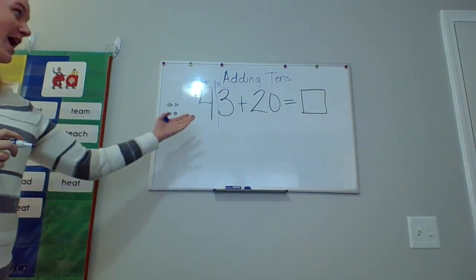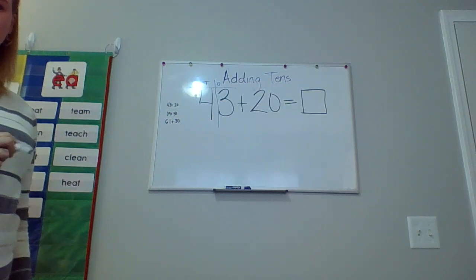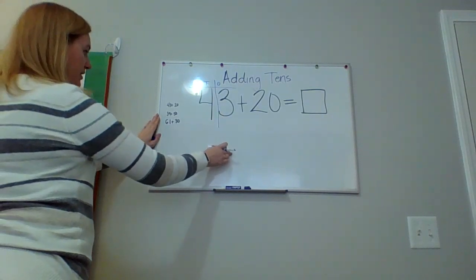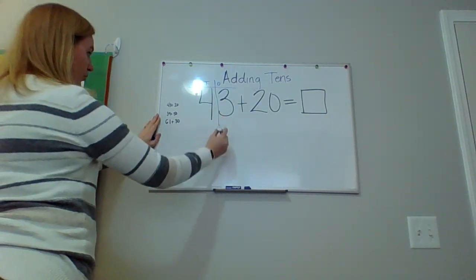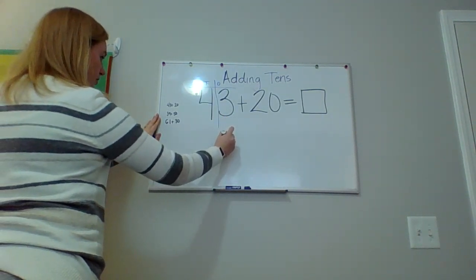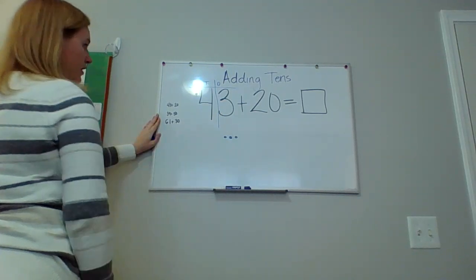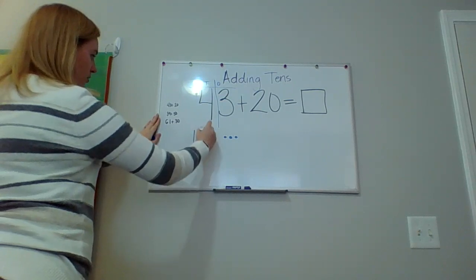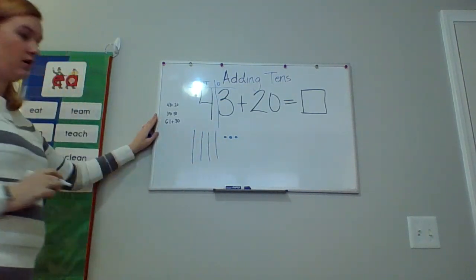Now, how many tens and ones are there in the number 43? There are 3 ones. 1, 2, 3. And there are 4 tens. 1, 2, 3, 4.